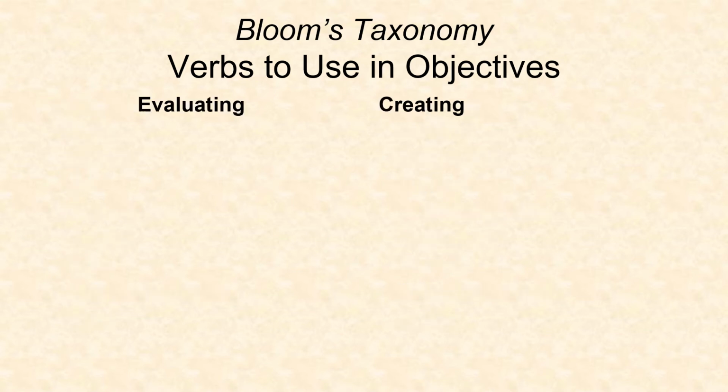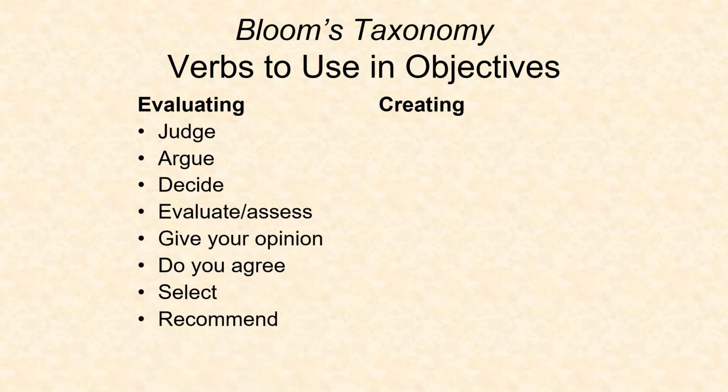After that level, then let's write an objective that deals with evaluating. At this point now, they can judge, they can decide between different choices, they can evaluate and assess, give opinions, they can make recommendations.